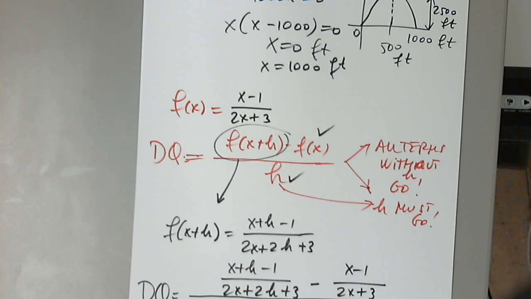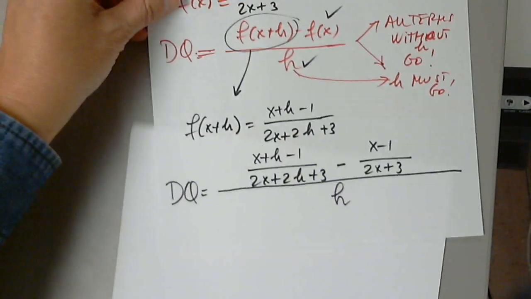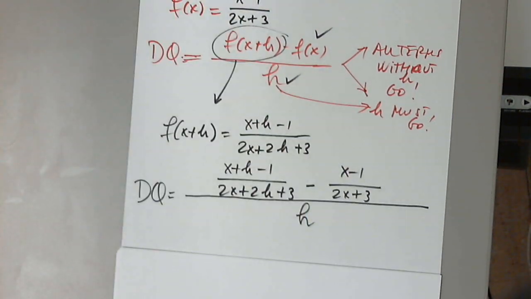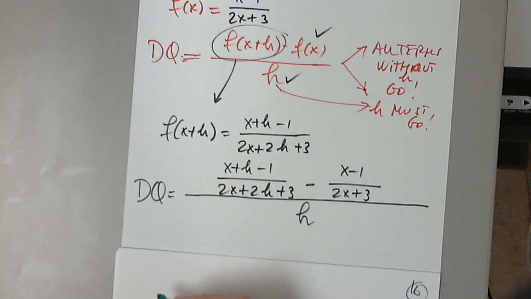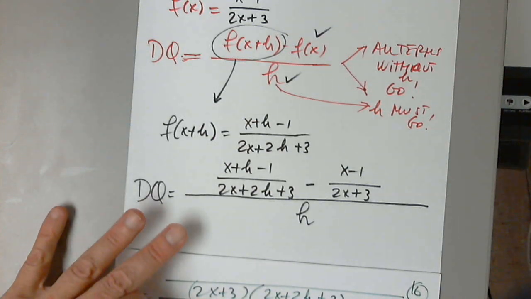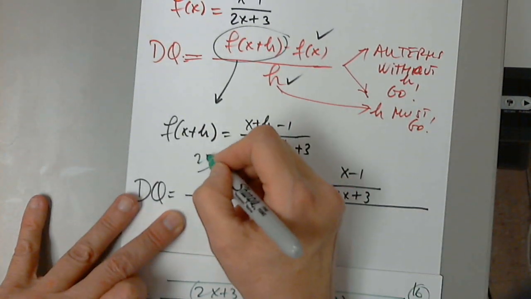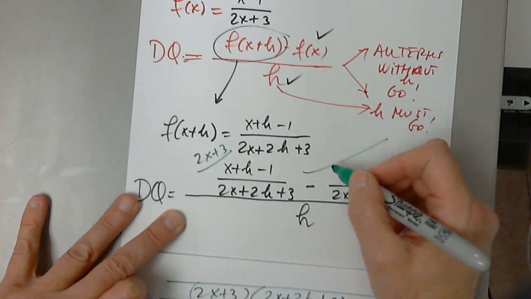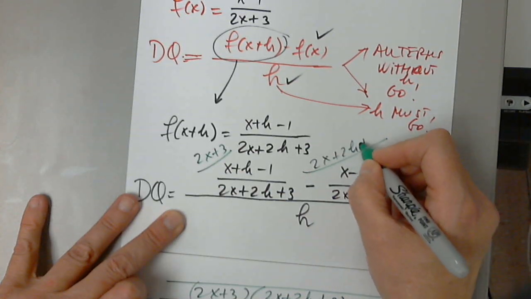The next step is to find the least common denominator in the numerator and the necessary adjustments for the top. Two x plus 3, 2x plus 2h plus 3. This one gets a 2x plus 3. And of course, this one gets a 2x plus 2h plus 3.